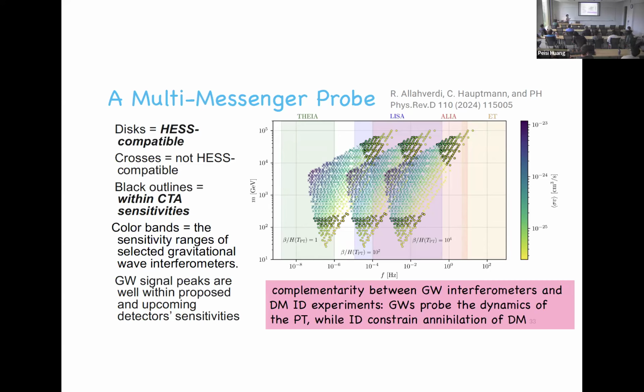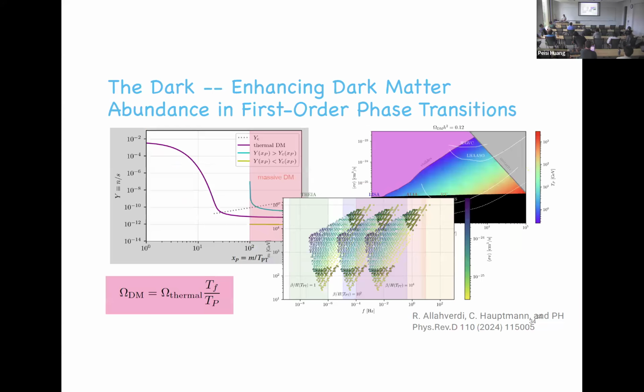And the points with black outlines are the points that will be within the CTA sensitivity. The colored bands show the sensitivity range for some gravitational wave interferometers. And let me remind you, the gravitational wave signal peaks are well within the proposed detectors' sensitivity. So this plot shows a nice complementarity between gravitational wave interferometers and dark matter indirect detection experiments. Gravitational waves probe the dynamics of the phase transition, and indirect detection constrains the annihilation of dark matter.